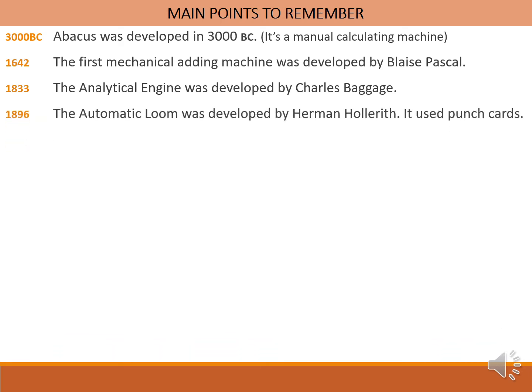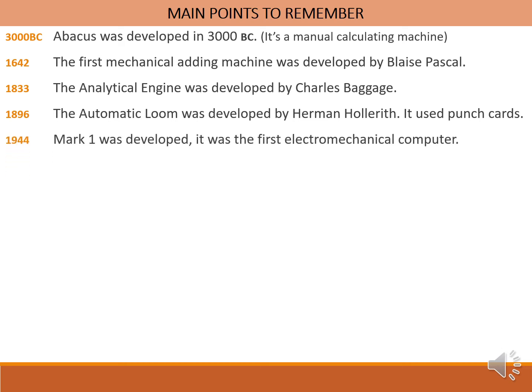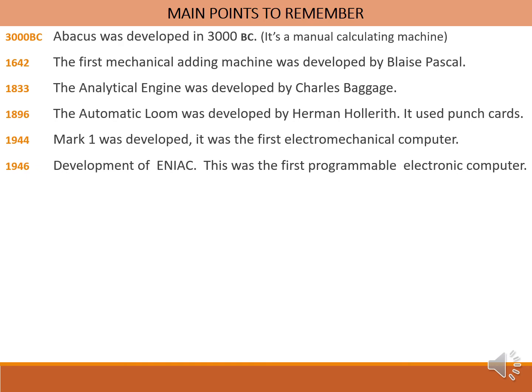In 1896, the automatic loom was developed by Herman Hollerith. In 1944, the Mark I was developed and it was the first electromechanical computer. In 1946, the ENIAC was developed and it was the first programmable electronic computer.